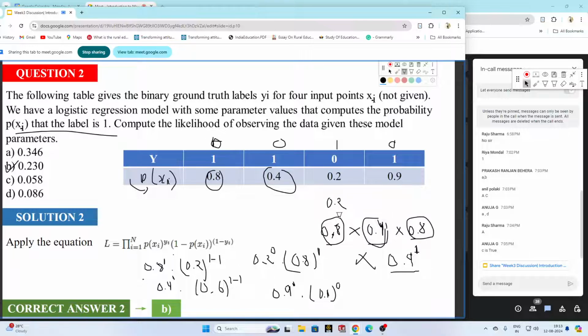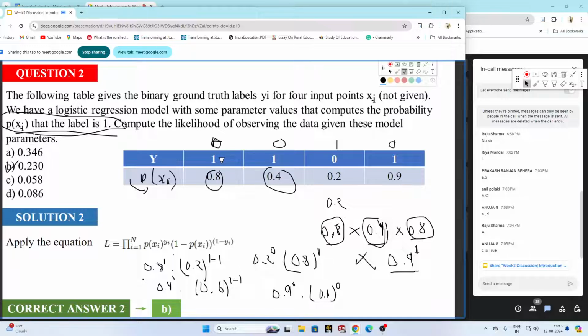In this question, it's given that we have a logistic regression model with some parameter values that computes the probability that the label is 1. If the label is 0, then p(xi) will be for 0 only.